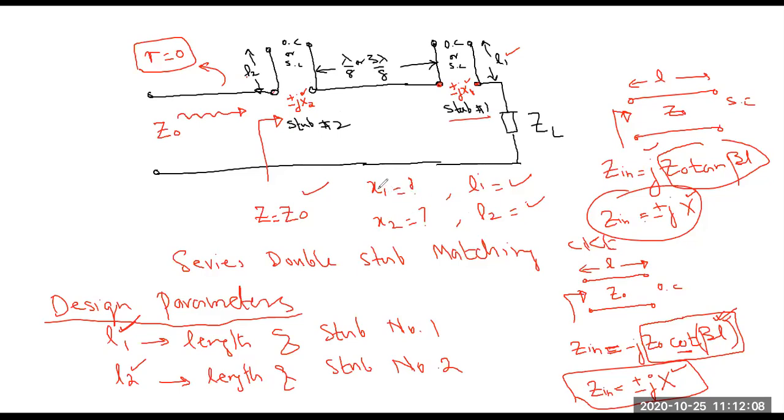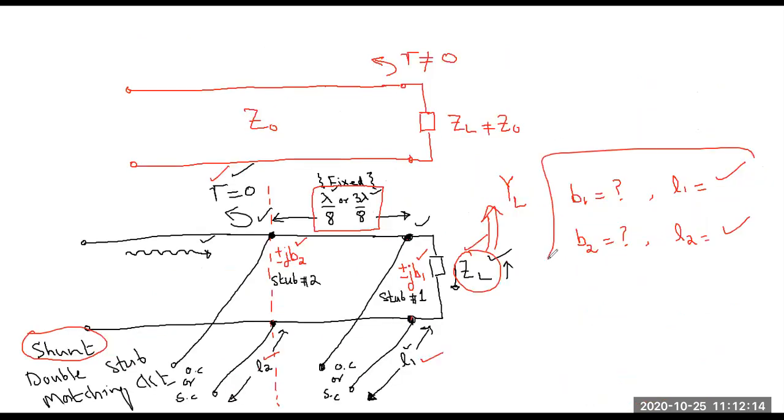Now we will find out these unknowns using the Smith chart. An analytical method is also available that you can look into in the textbook that we are using for this course.